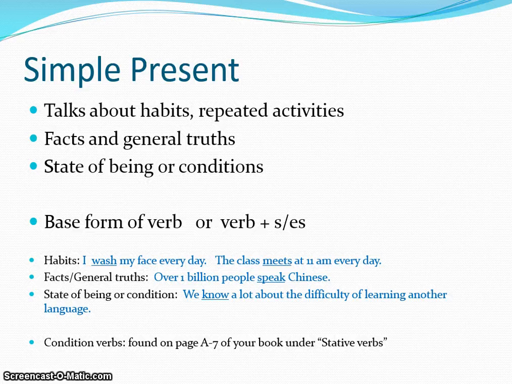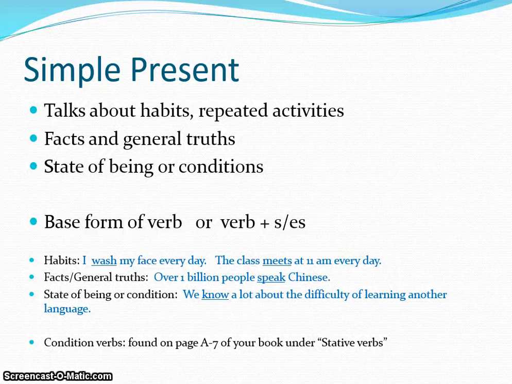Now, there's a formula for simple present, and it's the base form of the verb plus E or S. Examples of types of simple present sentences are found on this slide in blue.